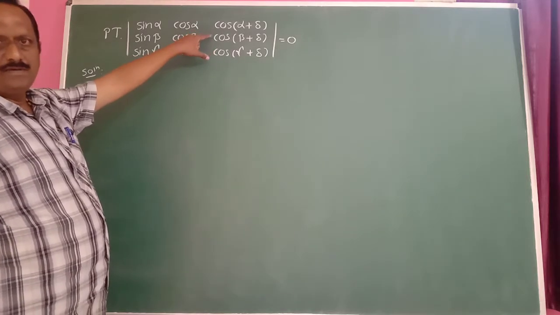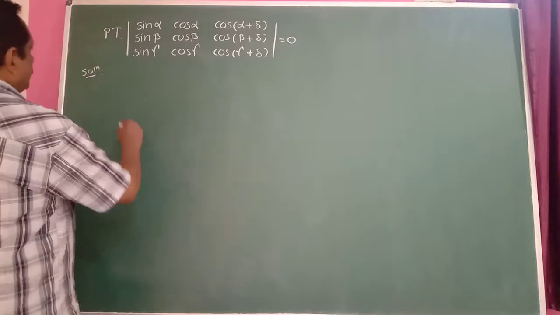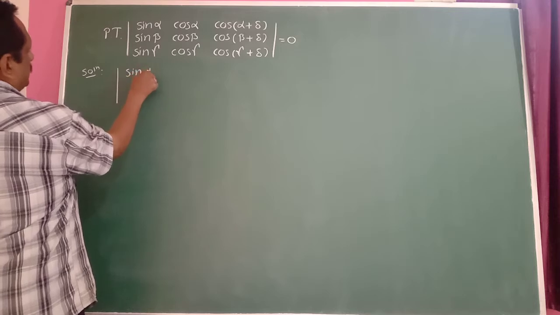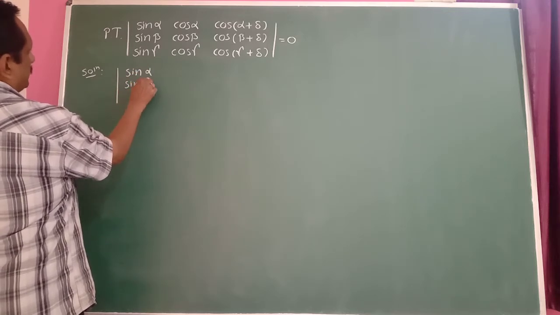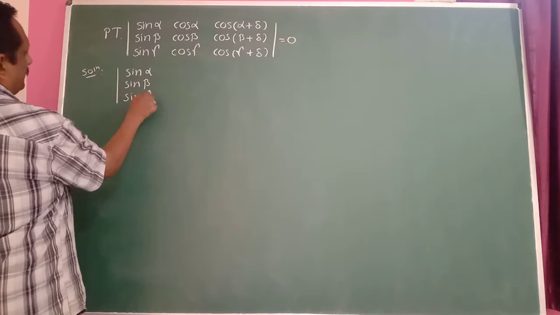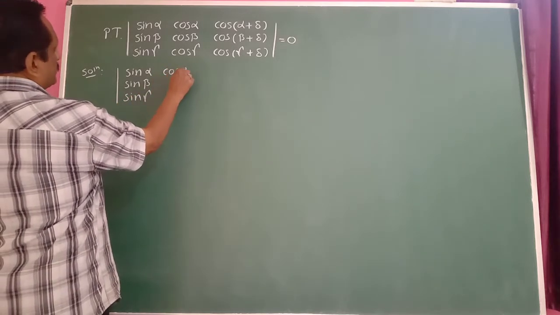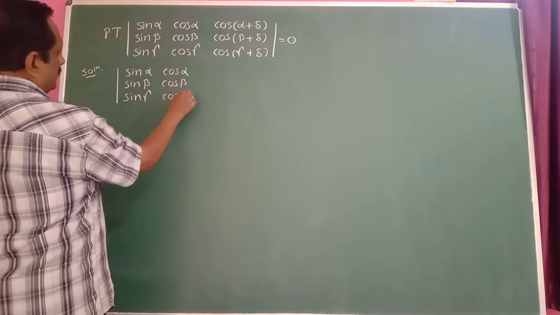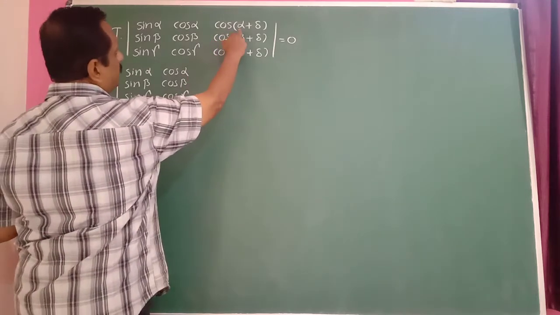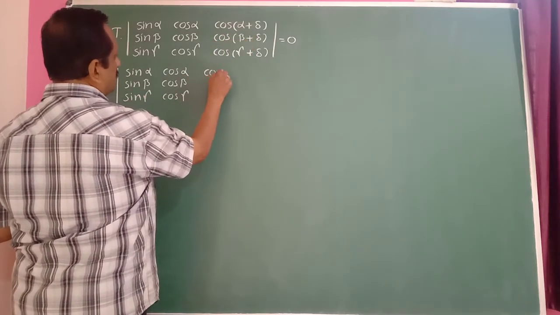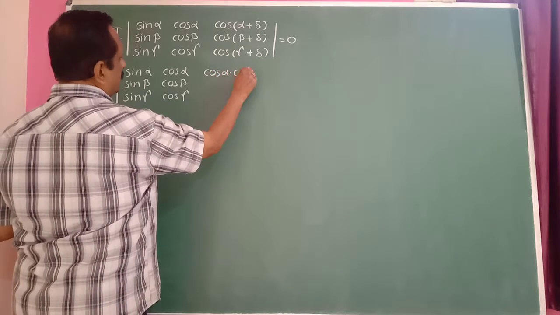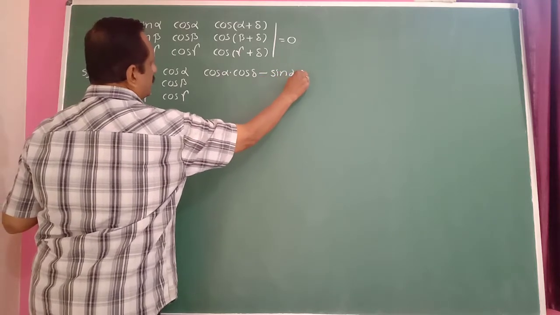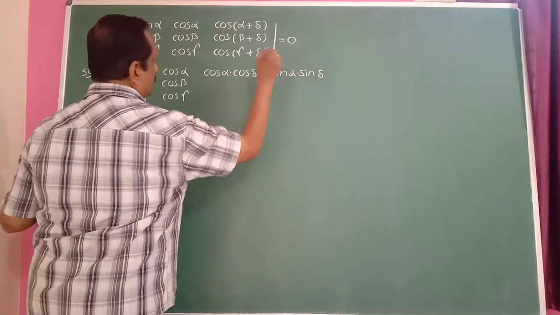Here use the trigonometric compound angle formula. Therefore, the determinant of sin alpha, sin beta, sin gamma, then cos alpha, cos beta, and cos gamma, then cos of alpha plus delta is cos alpha into cos delta minus sin alpha into sin delta.